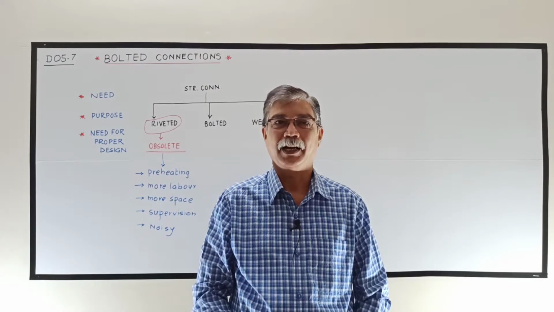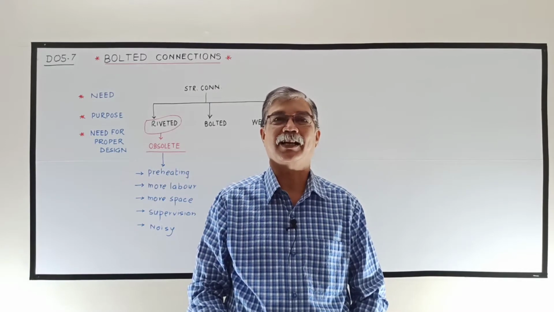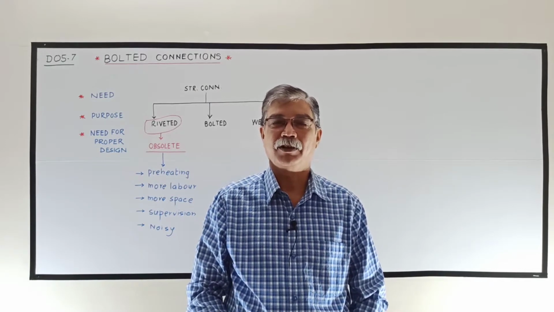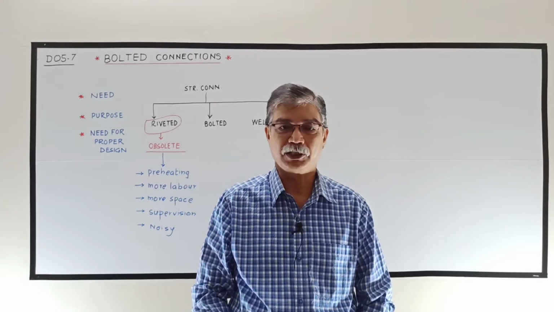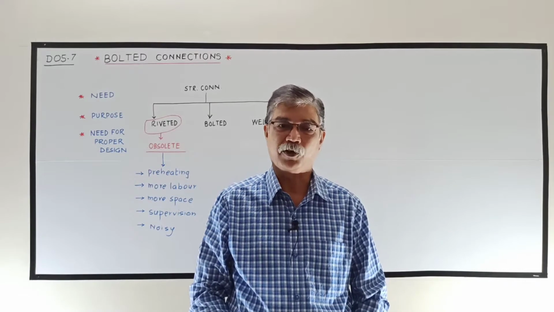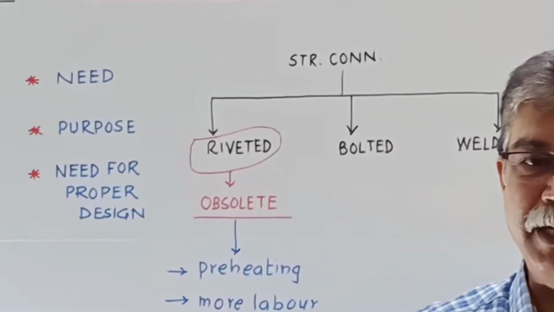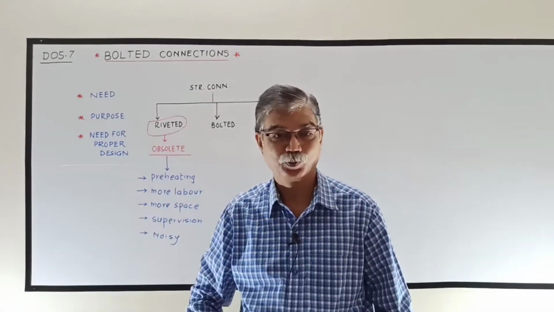Okay, and for this purpose the connections are required. For example, if it is a roof truss, it has got a number of members. Those members are connected to each other, and for that purpose we require the connection. That is the need of the connection.